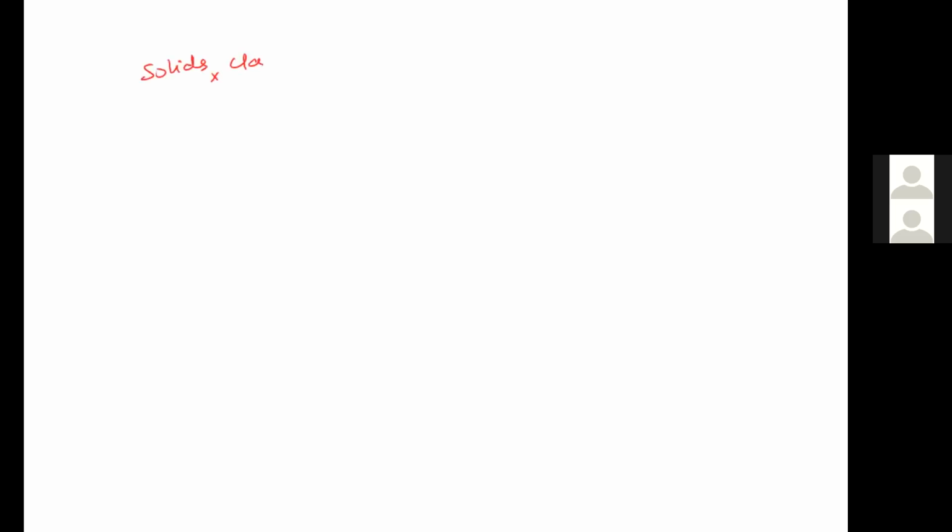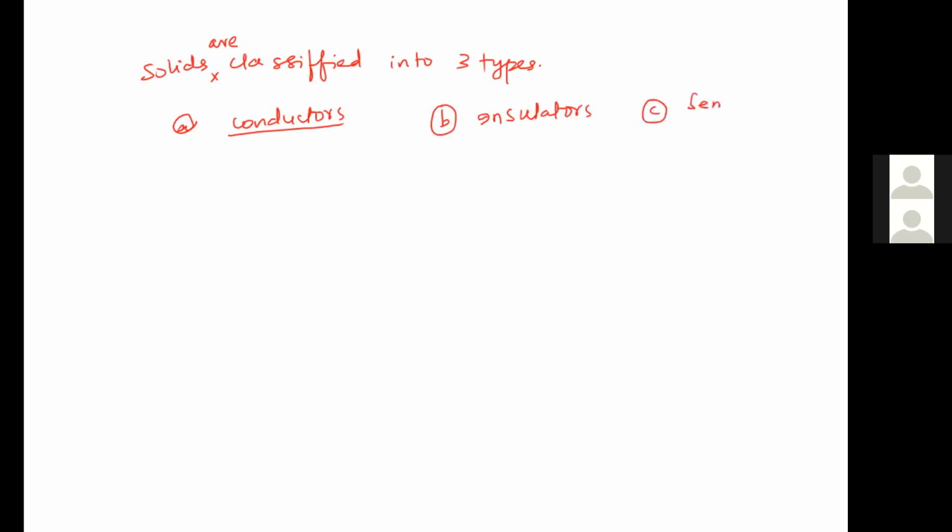This classification is based on the electrical conductivity: conductors, insulators, and semiconductors. Don't think I'm telling you the basic definitions of them. We are talking according to the solids here.